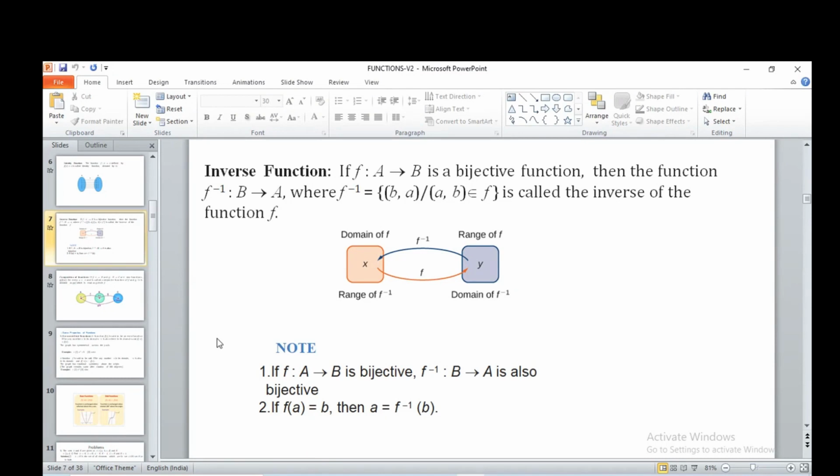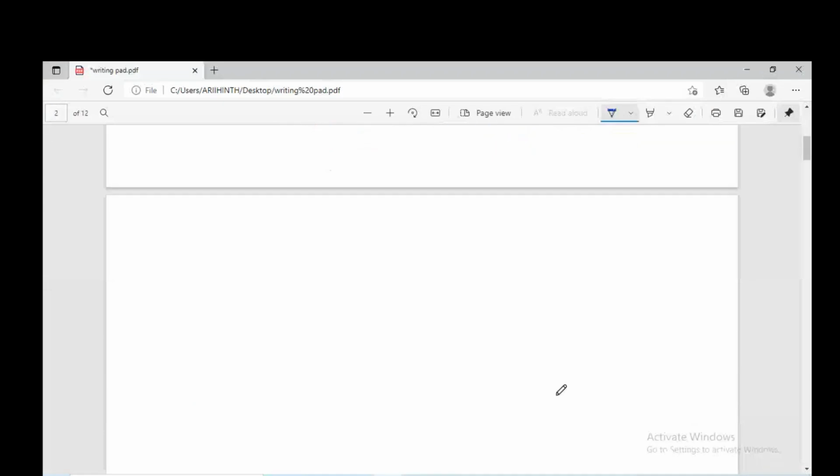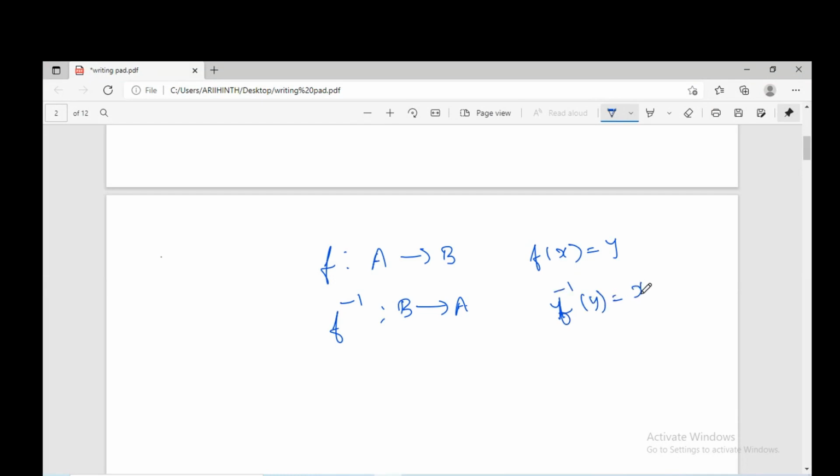Once again, f from A to B is the normal function, whereas f inverse is from B to A, the inverse function. For example, f of x is equal to y means that the inverse function is f inverse of y equal to x. So this is called the inverse function.